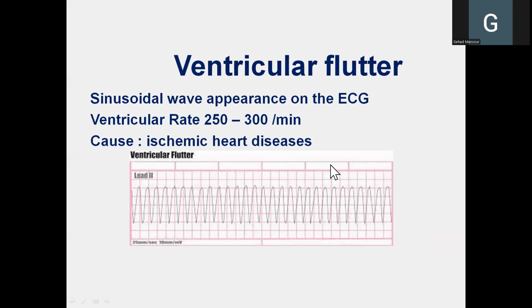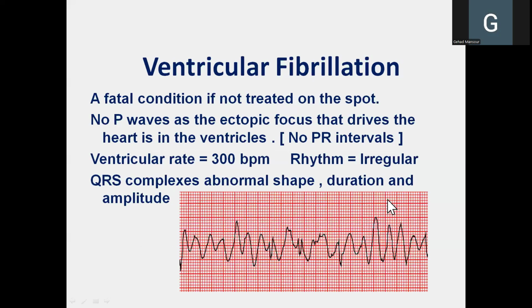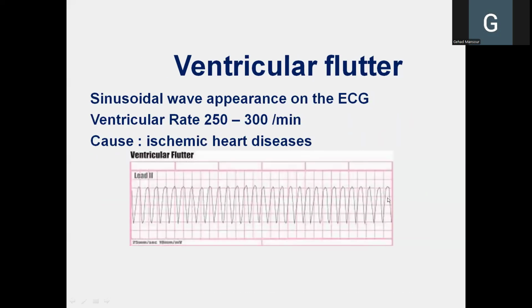So here we have 1, 2, 3, 4, 5, 6. So these are 30 big squares. 30 big squares represent 6 seconds, as we said. And then we count the number of QRS complexes, which is 1, 2, 3, 4, 5, 6, 7, 8, 9, 10, up to 30.